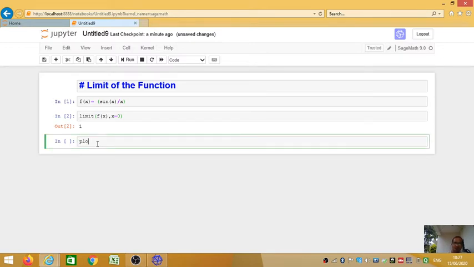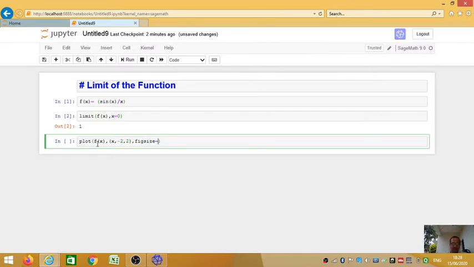Now we'll see graphically what is the meaning of limit. We'll see here. So I will plot the graph of f of x, right. I will mention here x range from -2 to 2, so we get it visible. Okay, now I will take the figure size also. It should be small.